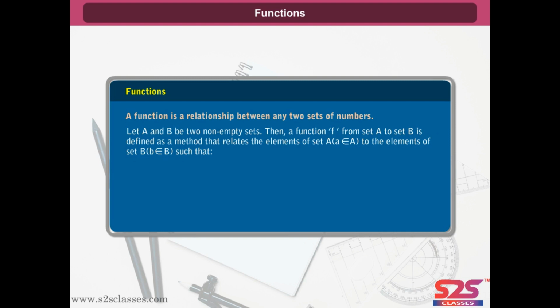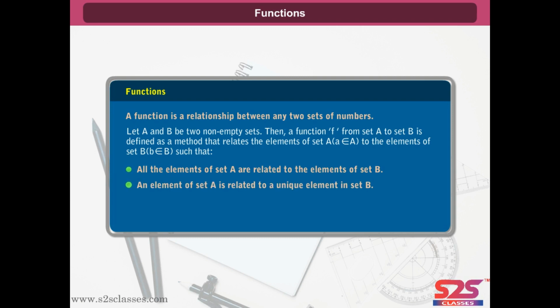Then a function f from set A to set B is defined as a method that relates the elements of set A to the elements of set B such that all the elements of set A are related to the elements of set B. An element of set A is related to a unique element in set B. It is denoted as shown, where B is called the image of A under f and A is called the pre-image of B under f.